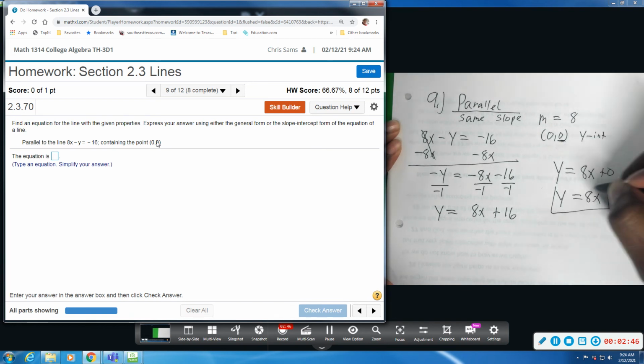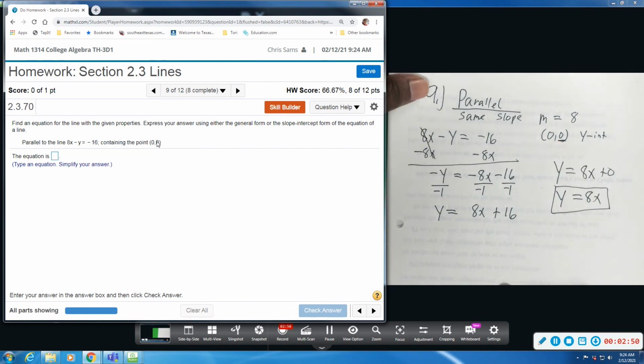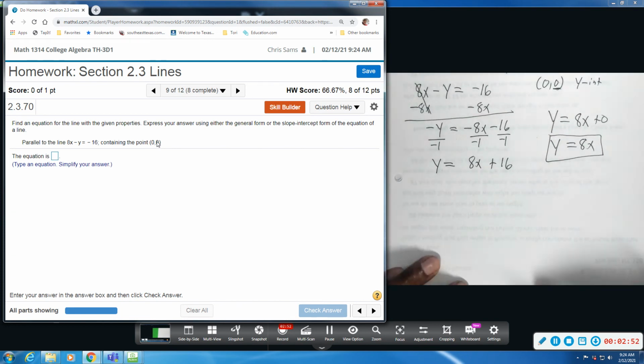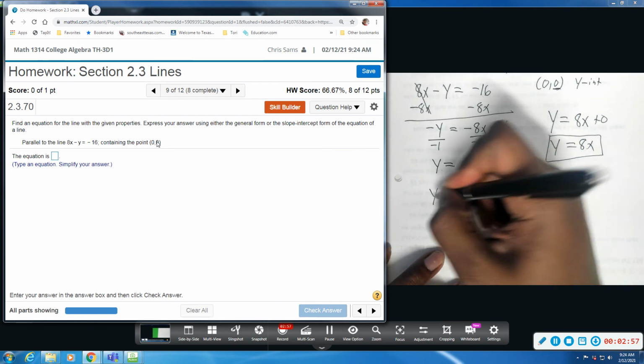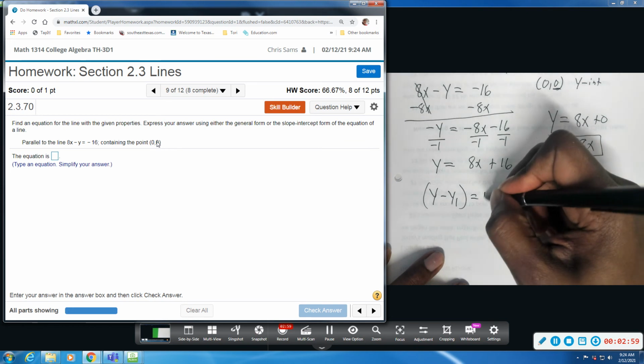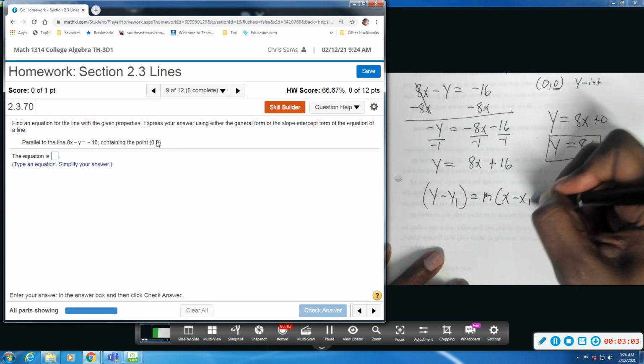Now, this one would not take very long since the ordered pair is (0, 0), so I will go ahead and show you point-slope form. y minus y1 equals m times x minus x1.